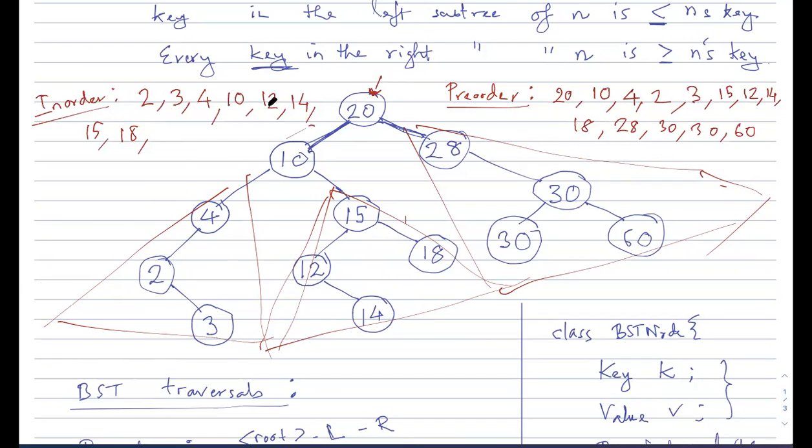So now it prints itself, 20, and now it is ready to print the right subtree. So it comes here, prints 28, then it comes to 30, prints 30, and then prints 60. Now if you notice, this is perfectly sorted order. So therefore, in order traversal for a binary search tree is very special because it produces a sorted output.